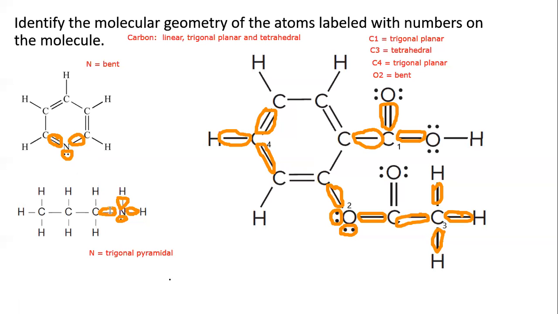So if you see a nitrogen with 3 bonds and 1 lone pair, it's going to be trigonal pyramidal molecular geometry. If you see nitrogen with a double bond and 1 single bond, it's going to be bent molecular geometry. And these are the most common, I would say, bonding motifs of nitrogen in organic molecules. So if you can remember these little tricks or these shortcuts, very quickly you can assess the molecular geometry of these types of atoms in organic molecules.